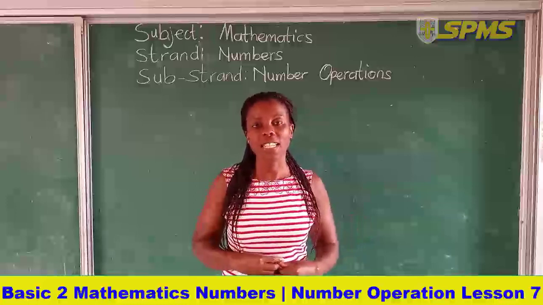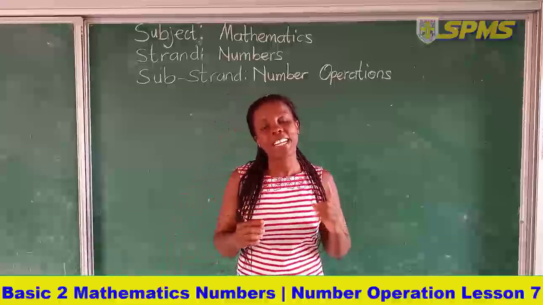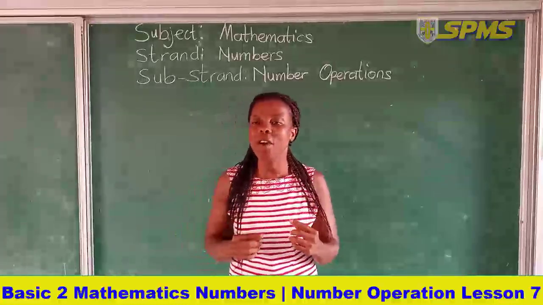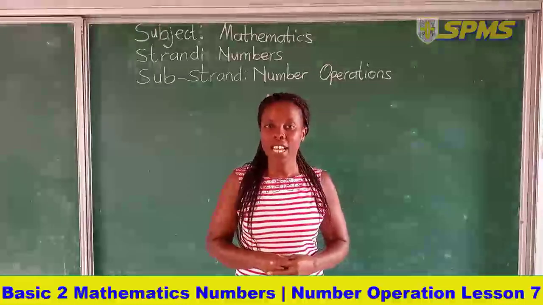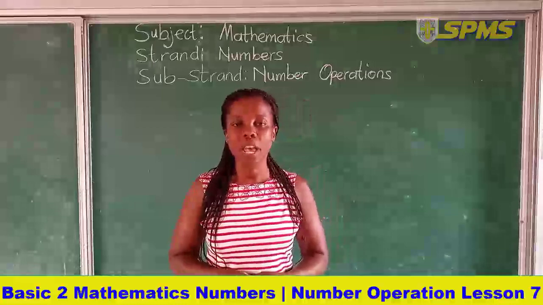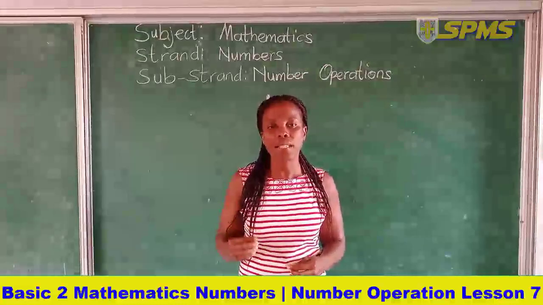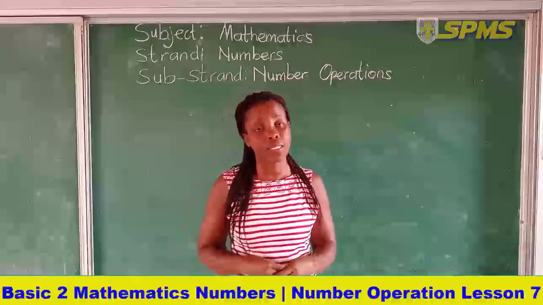By the end of the lesson, you should be able to understand and identify the commutative and the associative property of addition. I'm taking it again. By the end of the lesson, you should be able to understand and identify the commutative and the associative property of addition.